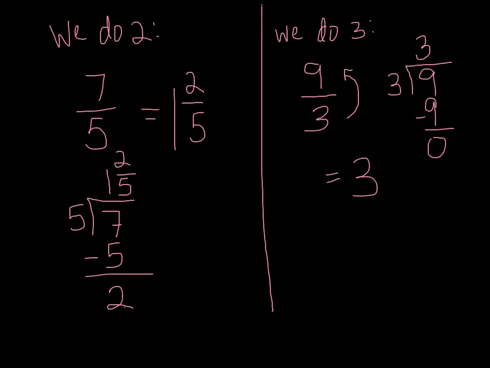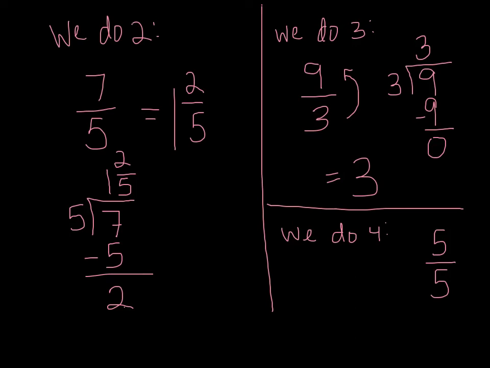And then one more thing I want to show you, we'll call it we do number 4, just in case you see it happen, is if you have something like 5 over 5. It's not proper because the small number is not on top, but it's not improper really either.